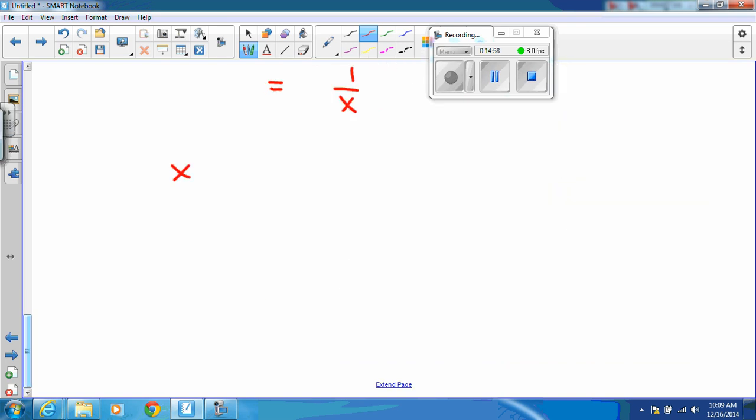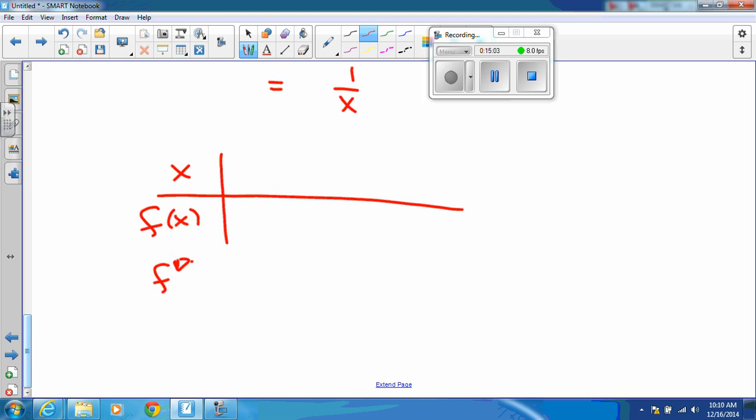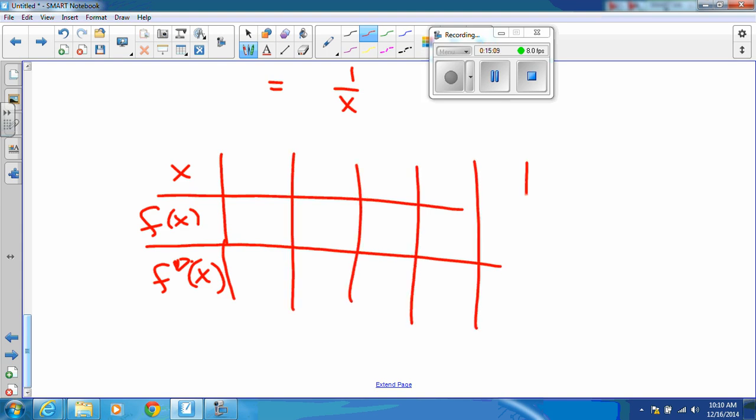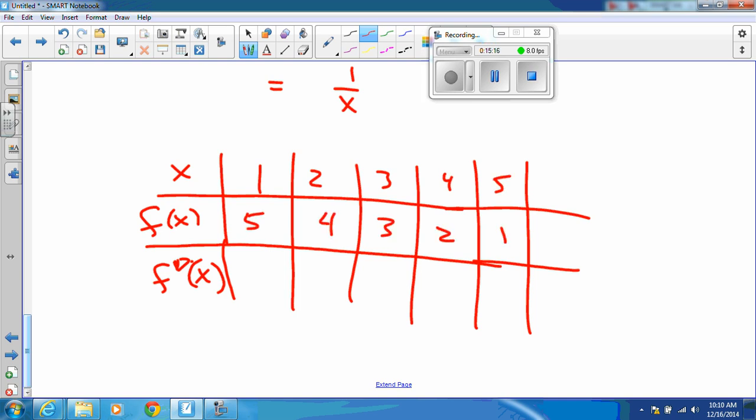What if I have a table of values in some way? For example, what if I give you my x and my f of x going to look like this. But let's make up some numbers here for f prime. They're all pretty clearly going to be negative values, right?